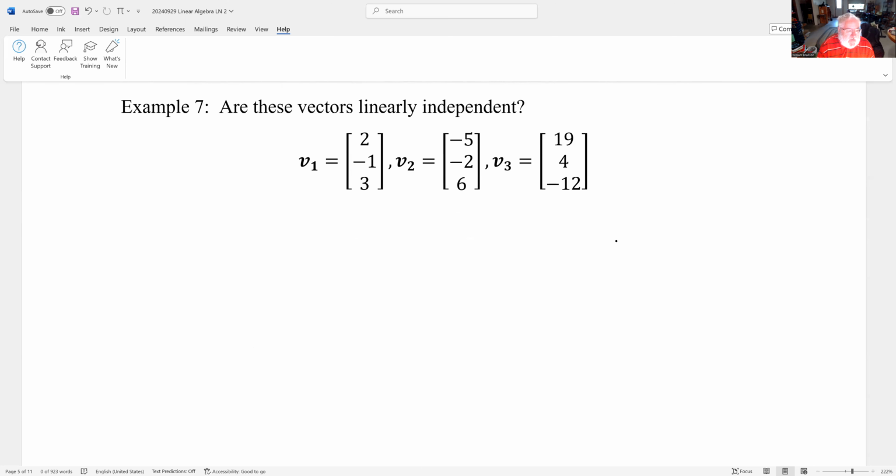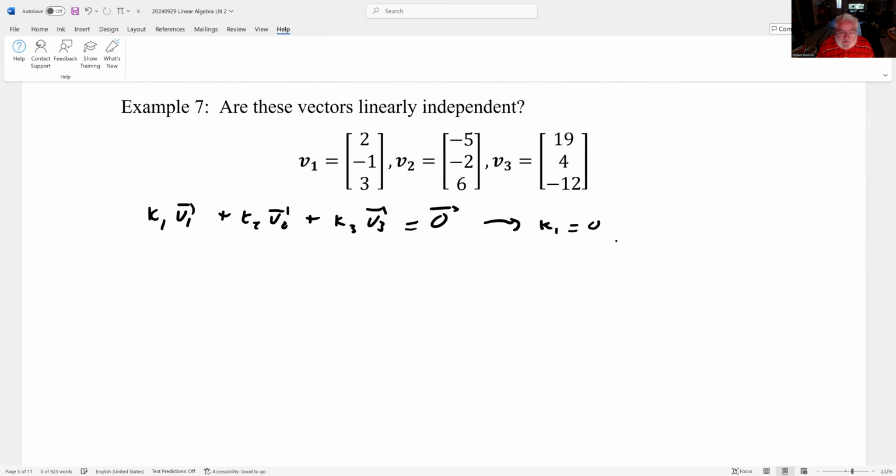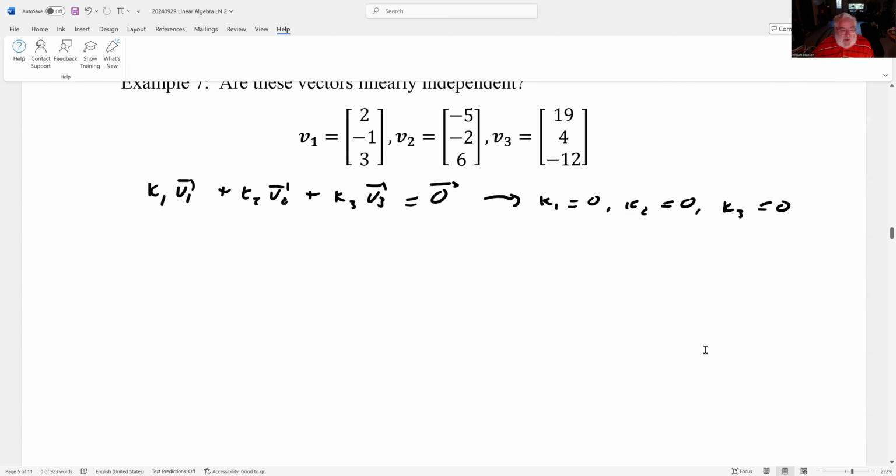How do you tell? Well, you do k1 v1 plus k2 v2 plus k3 v3 equals 0. The only way that you can have a solution to this is all 3 equal to 0. So how do we check that?